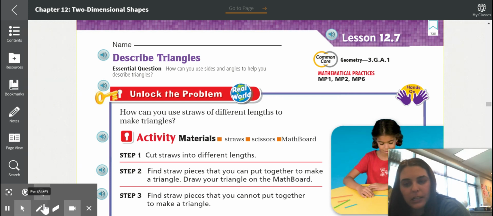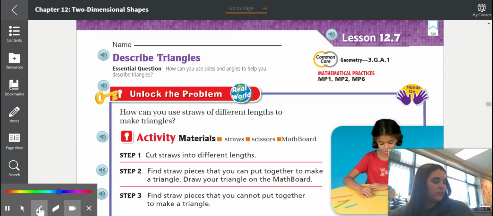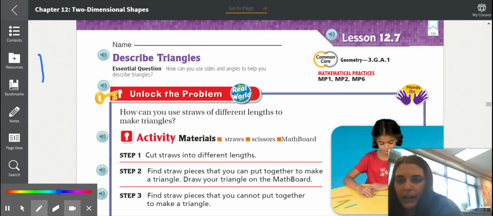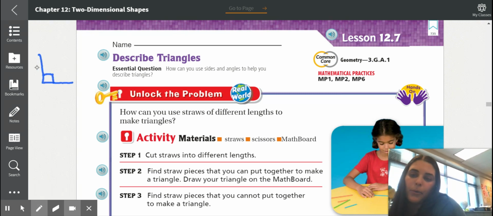Now, before we get started, let's review the different types of angles that we use to describe shapes. So I'm going to draw just here on the screen. The first one that we learned is a right angle. Where the two line segments meet, they make 90 degrees, and we call this a right angle.